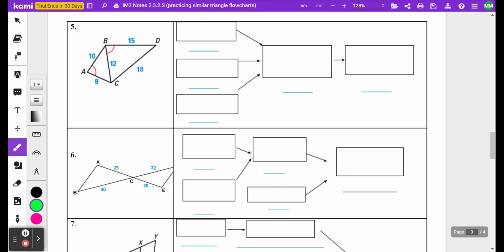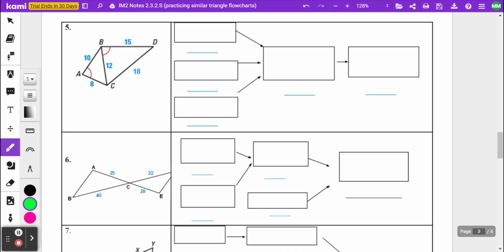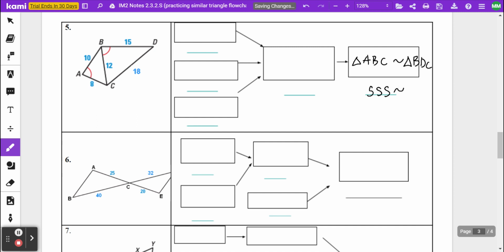We'll start on the left as usual with our similarity statement and theorem. Okay, triangle ABC is similar to triangle BDC, and this is going to be by side, side, side similarity. And for that to hold, I'll need to have corresponding sides proportional.